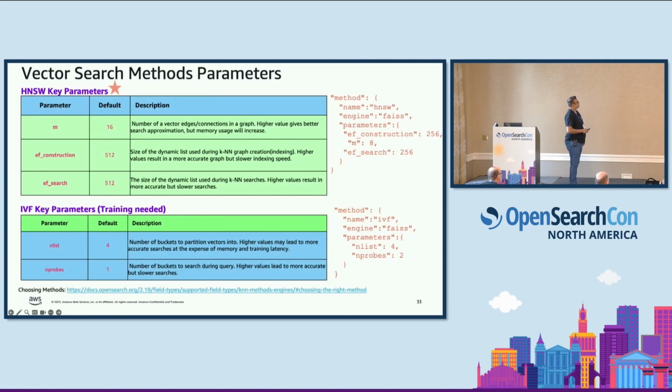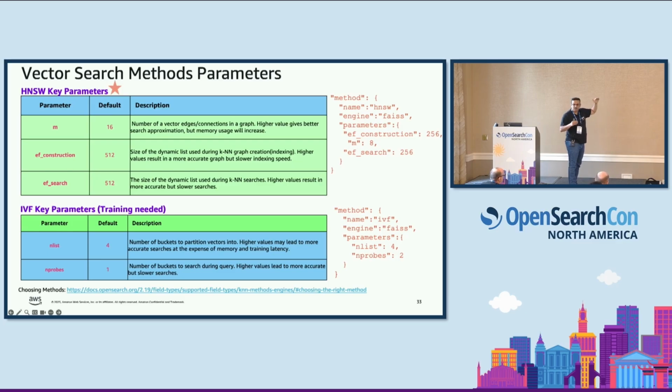Coming to the next thing, more knobs to tune. When we use the HNSW method, there are three key parameters which can be tuned for performance versus resource usage. One is M, which is the number of edges of each vector. And then EF construction and EF search are the other two parameters. EF construction comes into the picture when we do indexing, because indexing performance depends on the value of EF construction, and search performance depends on EF search.